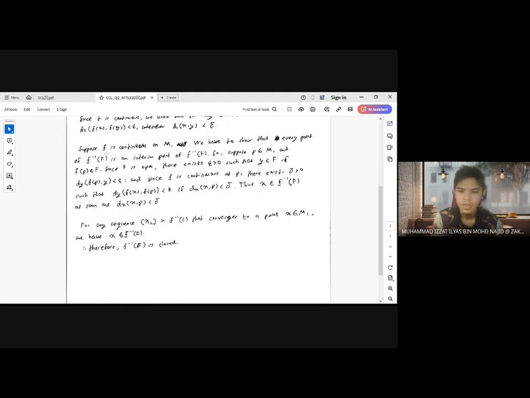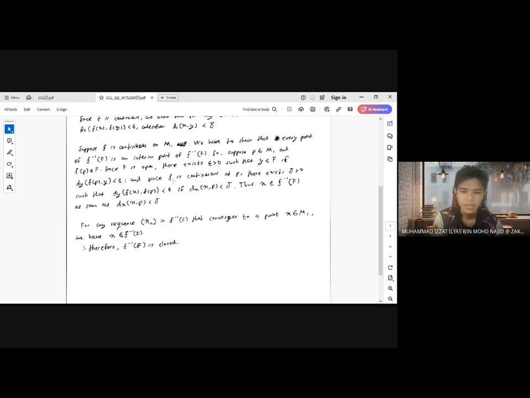Suppose f is continuous on M1, we have to show that every point of f inverse is an interior point of f inverse. So suppose P is a subset of M1 and f(p) is in F. Since F is open, there is an epsilon greater than 0 such that y is in F if d(y, f(p)) is less than epsilon.